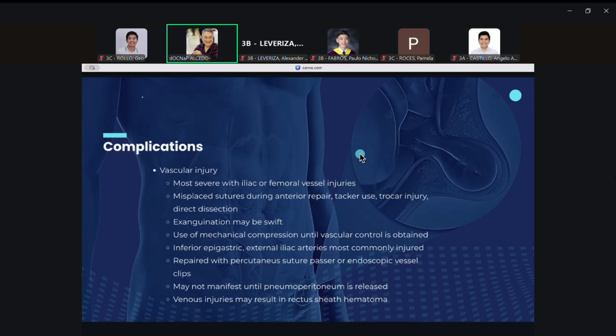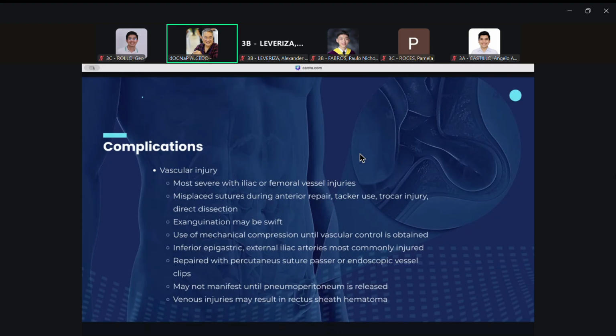Of course, the most severe complication, which can be catastrophic, is vascular injury. This can happen when you do the anterior approach, open approach, or laparoscopically, from a misplaced suture or with the use of your tackers if you misplace the tackers when you do your lap repair. Or sometimes during your dissection.